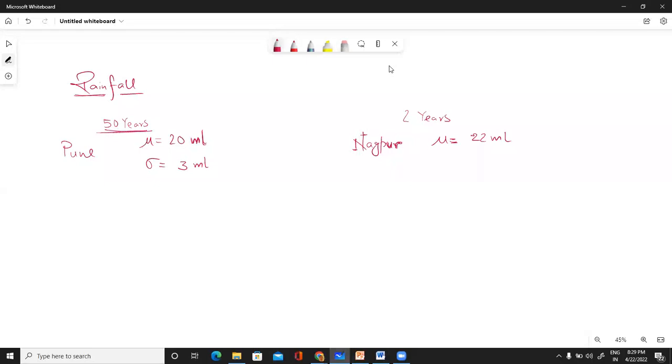So what will we conclude: whether we get more rain in Pune or more rain in Nagpur? In other words, what are we trying to find out?